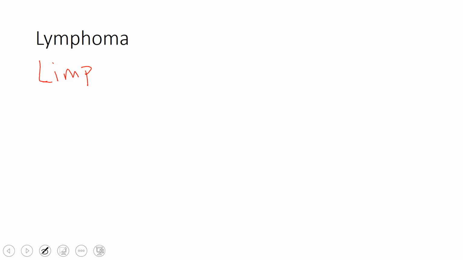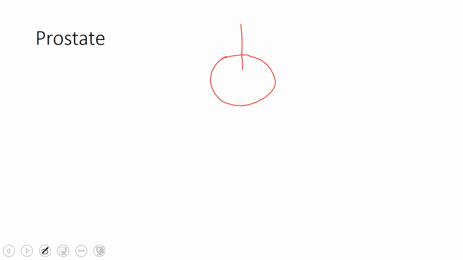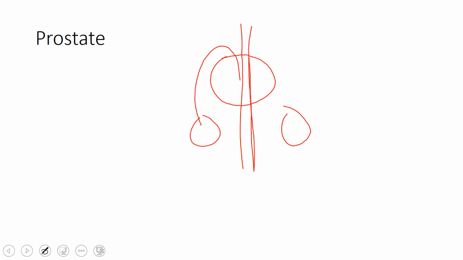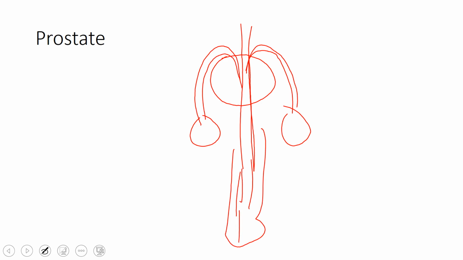All right, so now moving on from sex cord-stromal tumors, we're moving to the prostate. If you remember what the prostate is, it's found in males. The urine, as well as the sperm and whatnot, travel through it and eventually come out of the penis.